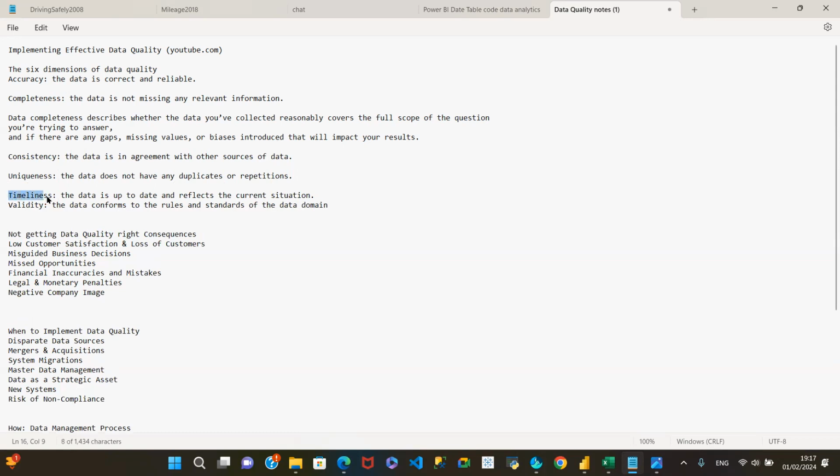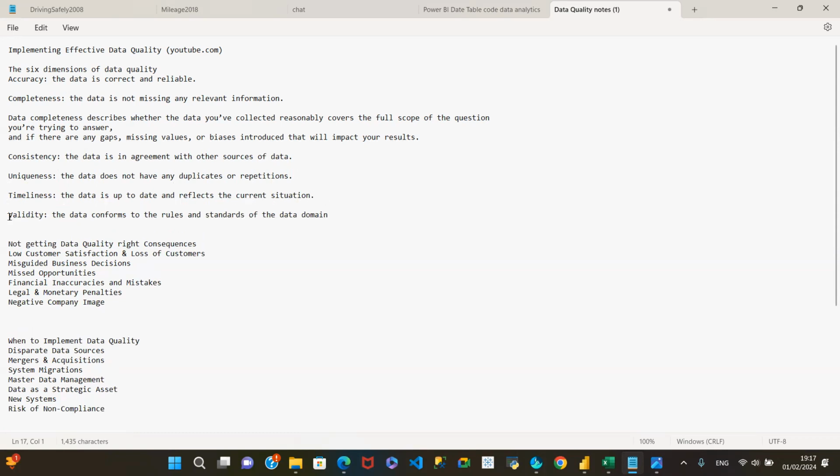And then we talk about the timeliness of the data. Is it data that's current? Is it reflecting the current situation of things, or are we using data from the past? Given the rate at which things change, information changes, you'll find that sometimes the data that you had relied on maybe 6 months ago may not be relevant anymore to what is currently happening within the business.